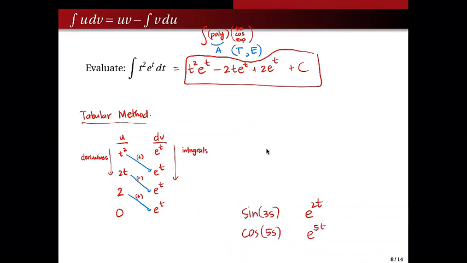It can be anything. But not sine squared x. It won't work there. Not cosine raised to 5 x. It won't work. You just have something like this, sine and then the argument, 3x, 4x, etc.